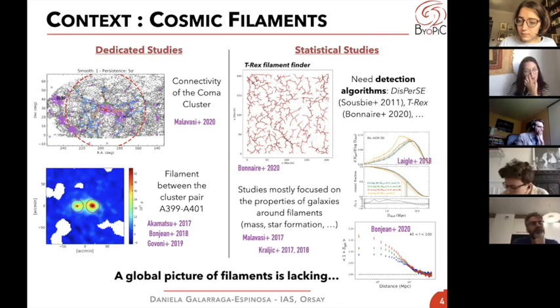So it was again with another method to detect the filaments. And there was an evolution. Filaments tend to be thinner with time. So today the same filament would be thinner than at higher redshift.